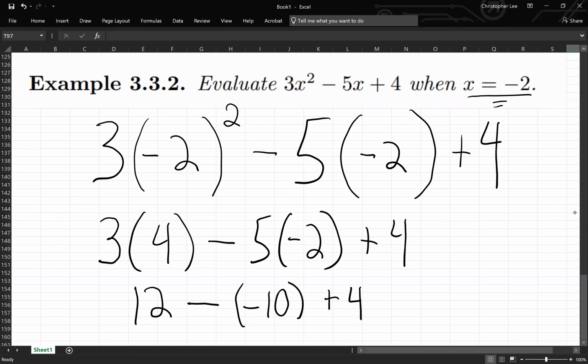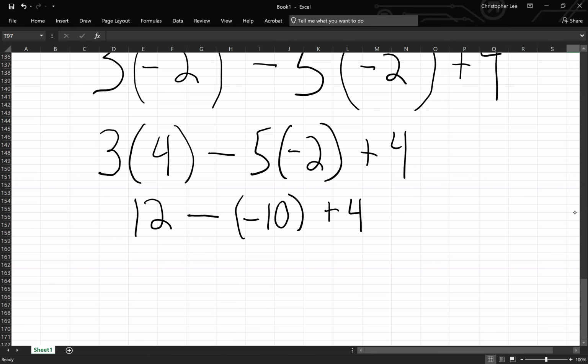All right. So now, right, what is the opposite of negative 10, right? Because that's what minus means, is that we want the opposite. So what's the opposite of negative 10? Positive 10, right? So this becomes 12 plus 10 plus 4. All right. Now this is the hardest part. We got to add all four of these numbers together.